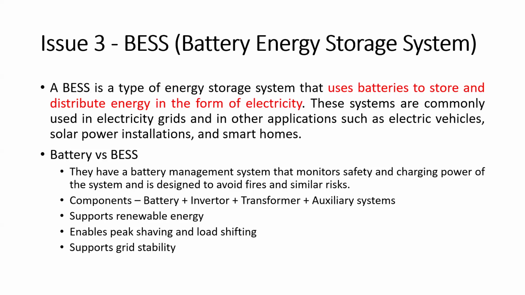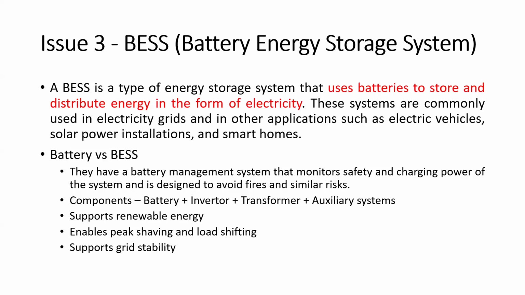It supports renewable energy, that is, it stores the electrical energy produced from renewable sources, solar, wind, etc., and it supplies back to the grid when it is required by the grid and the resources are not easily available. That is the fifth point, which is enabling peak shaving and load shifting.